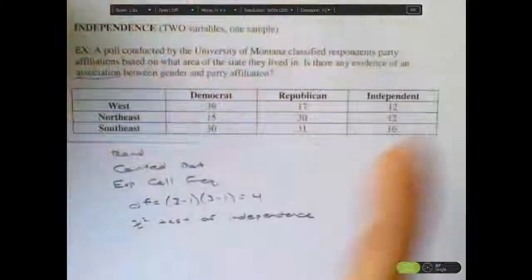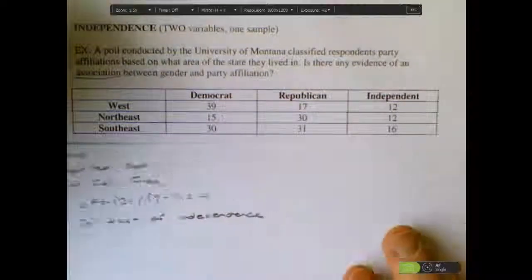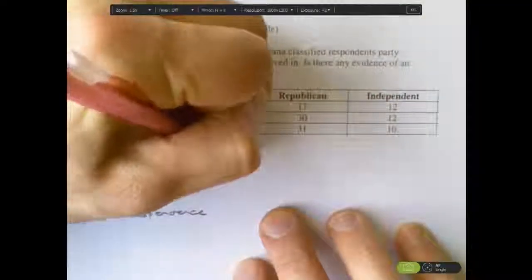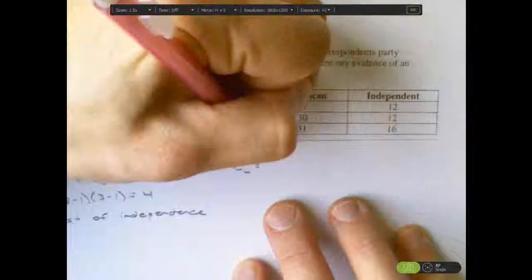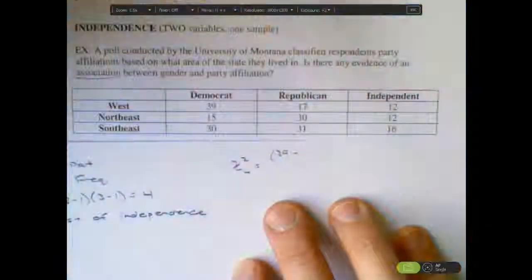And getting to the mechanics, I would have chi squared sub 4 equals my first observed value is 39 minus expected.